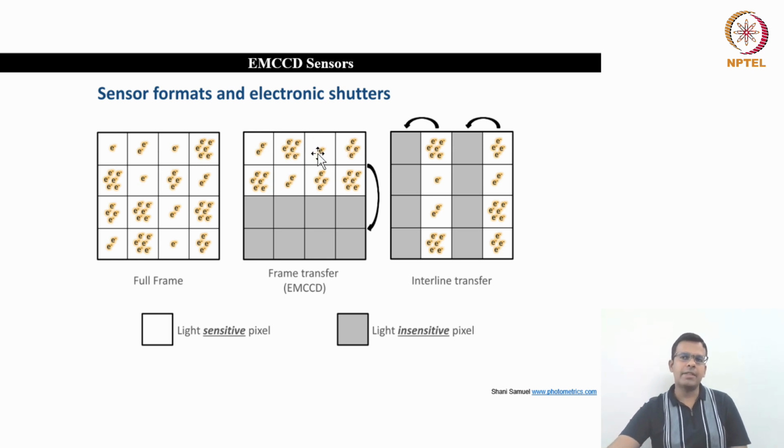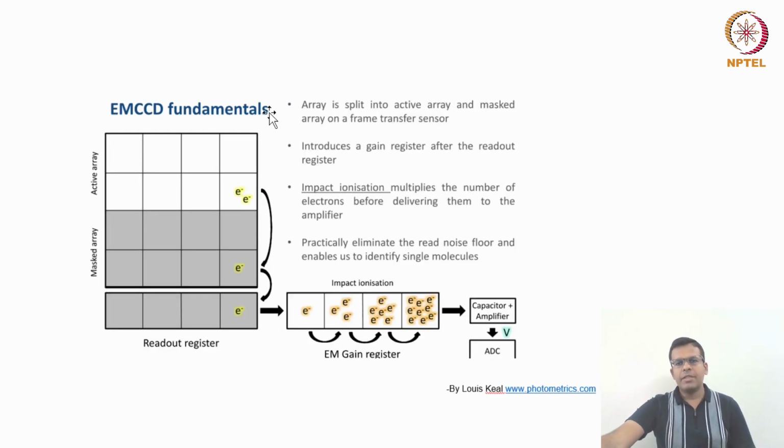That's why EMCCD cameras are faster than CCD, because of the presence of light insensitive pixels. Now that can be of two types. This is interline transfer. Either these inactive pixels can be arranged this way, or they can be arranged this way.